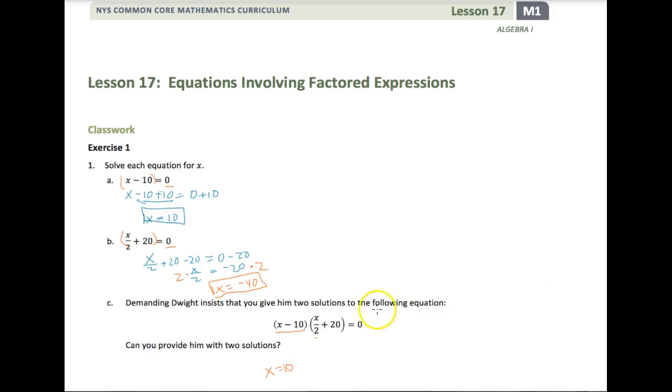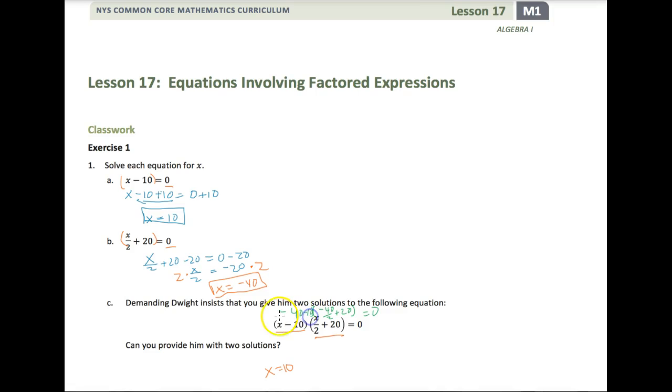And then if we take this guy here, we know if we put negative 40 in here, we're going to get a 0. So let's think about what would happen if we put negative 40 here, and multiply it times negative 40 over 2 plus 20 equals 0. Well, negative 40 minus 10, forgot about that part.